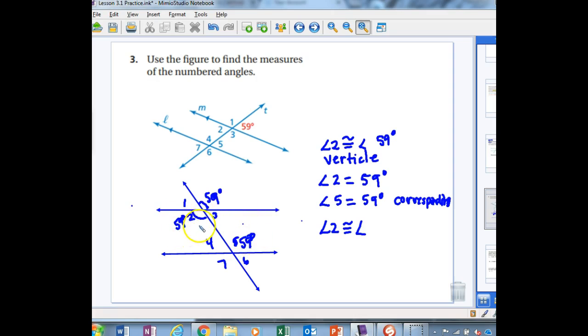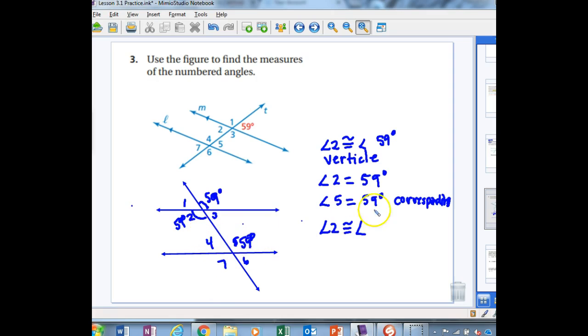What's the location of angle 2? Left, down. Correct? Left, down. So I'm going to go to this set of 4 angles. What is in that same left, down location? Angle 7.